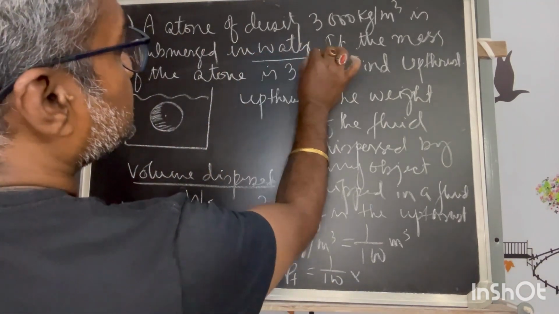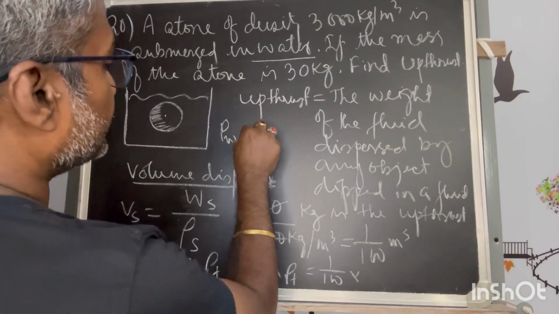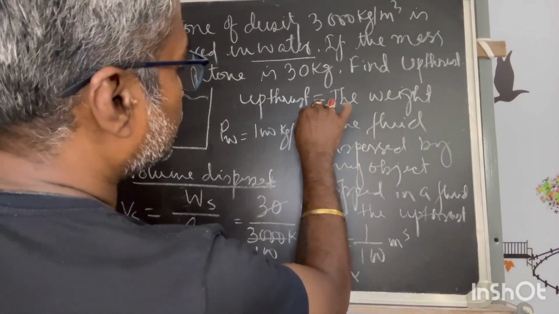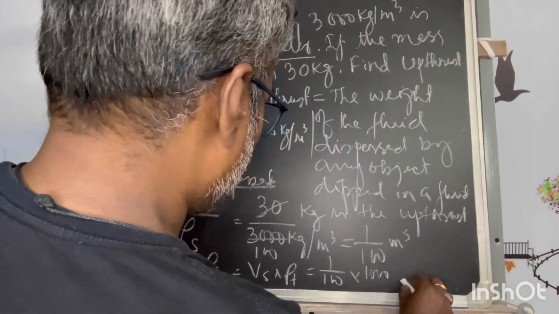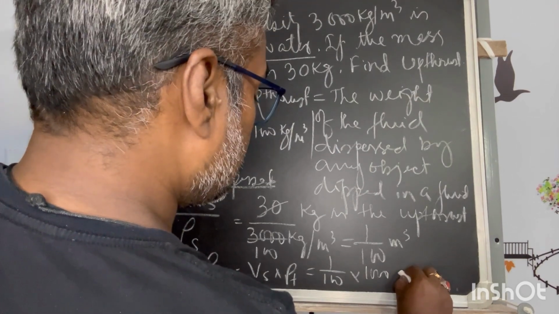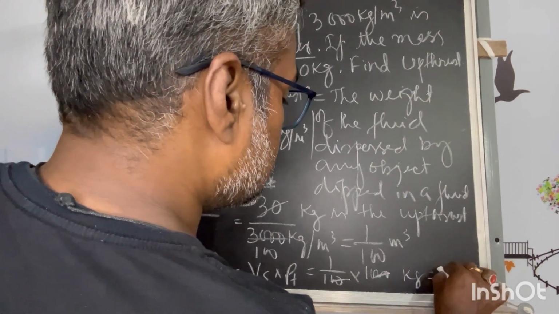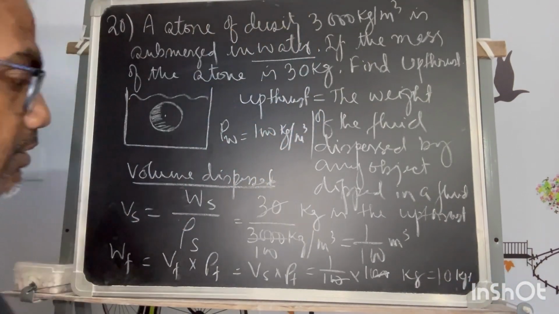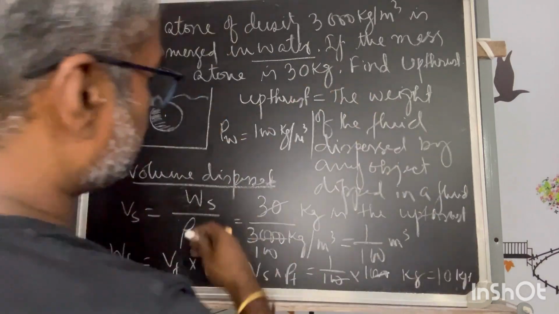Here the fluid is water. The density of water is how much? 1000 kg per meter cube. This is standard, so we can take 1000. Now it will come as 10 kg of water. So now how much force is exerting?